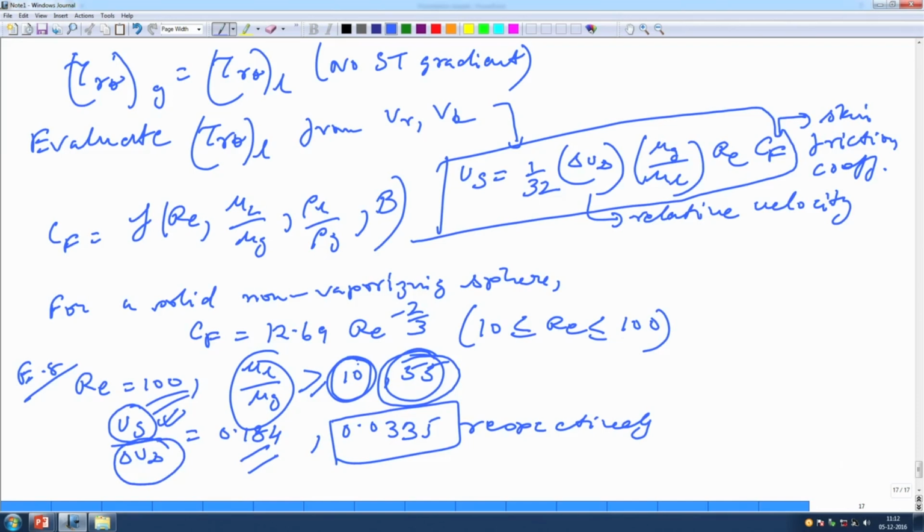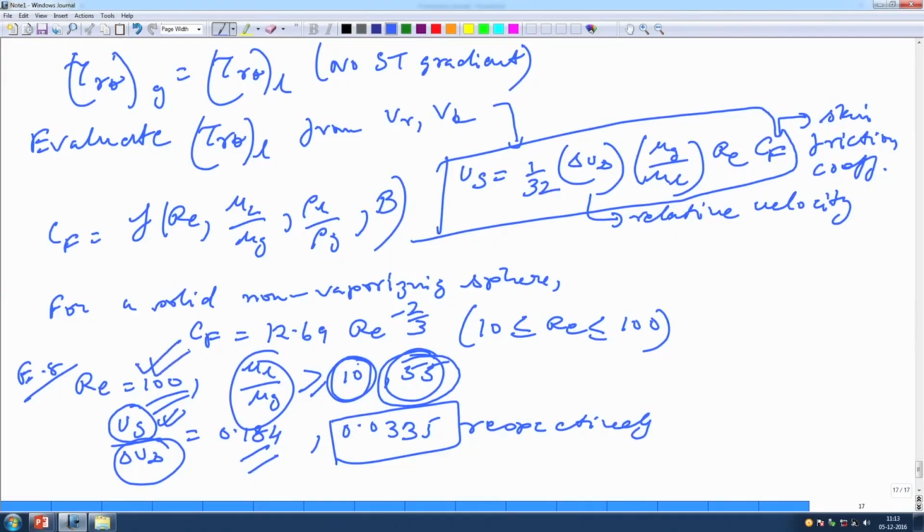So, as you make the inside of the droplet more viscous, the velocity created by this surface friction is lower. If the viscosity difference is very small, of the order of 10, a significant amount of velocity is actually created inside the liquid droplet.